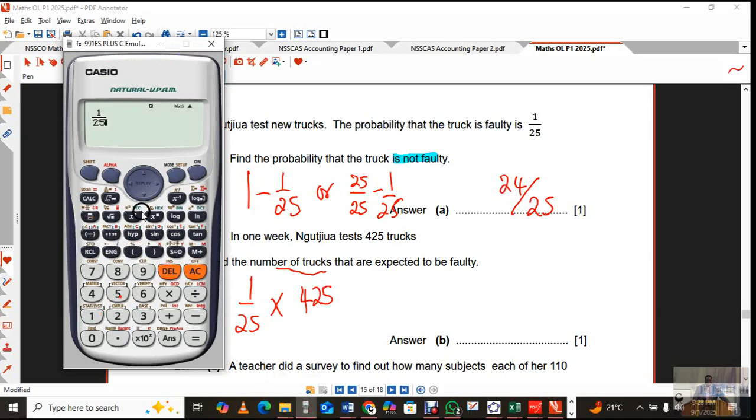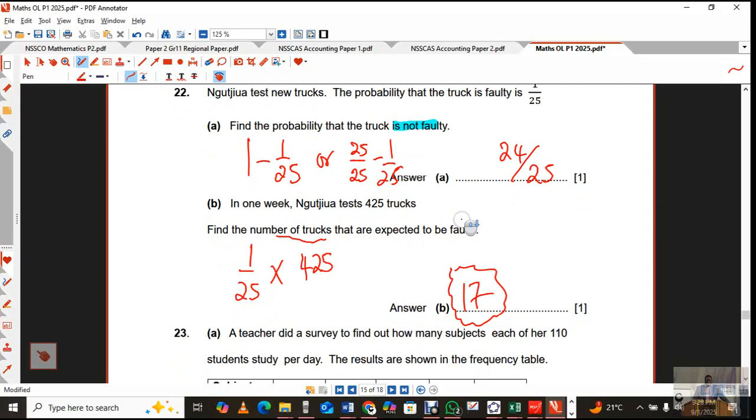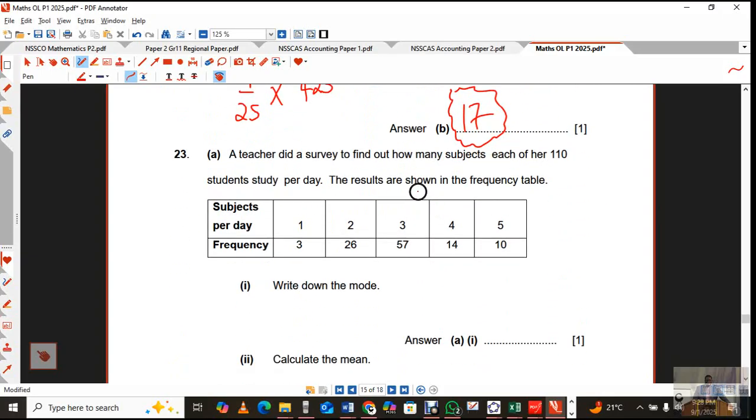You can multiply this in your head, and it's 17. So 17 trucks are expected to be faulty. That's a very bad business model. They need to improve on that probability. But anyway, you get the idea.